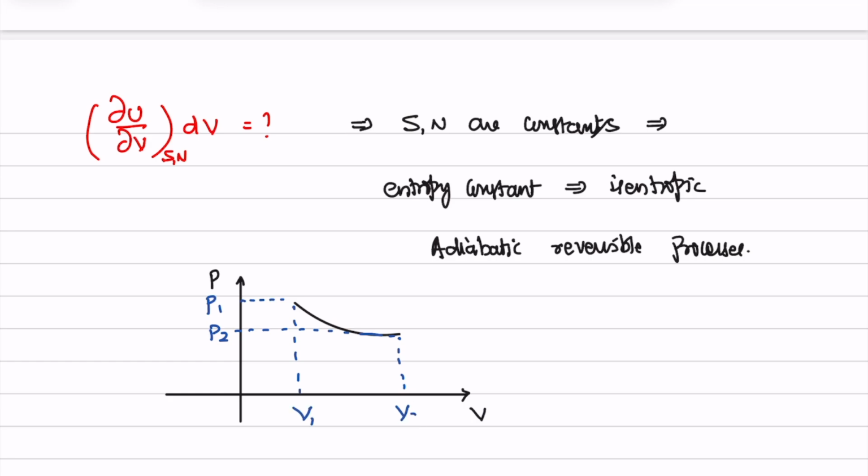And we have already calculated work done in this. What is work done? Work done cannot be expressed in exact differential because it is a path function. Hence, it can be written as δW is equal to minus P dV, which I have already introduced to you in the previous classes.